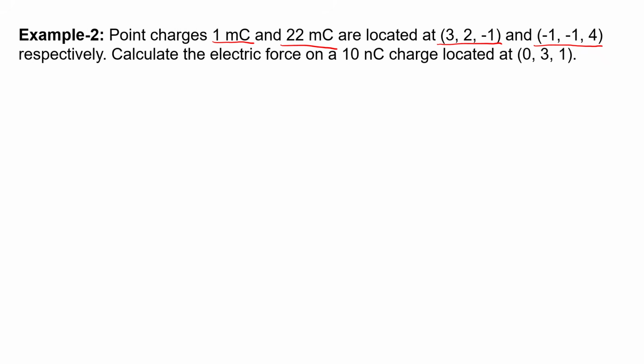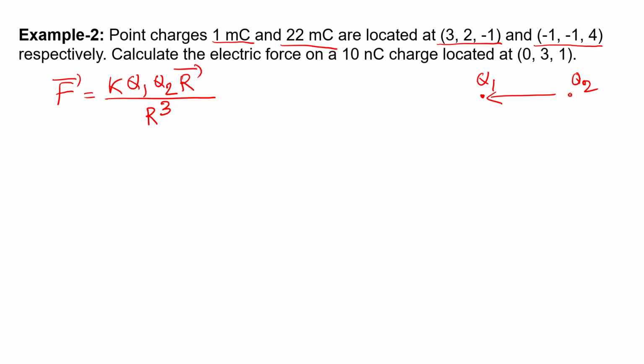So again, I'll first write the formula. My formula is F equals K Q1 Q2 divided by the magnitude of R, multiplied by r vector and divided by r cube. Now we have to understand that in the previous example the number of charges was 2. There was one charge q1 and another charge q2, and our task was to calculate force on q1 due to q2.